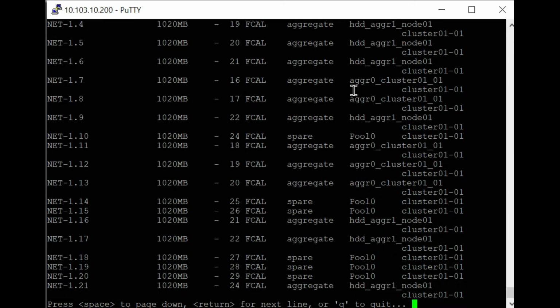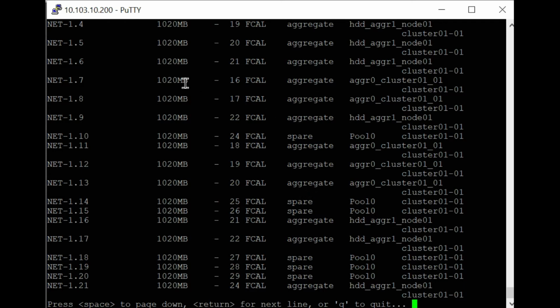You can see also spare disks here, so we will have greater detail about spare disks, what a spare disk is, in the upcoming sessions. But for now, a spare disk is a standby disk, waiting for any of these disks to fail to take over.